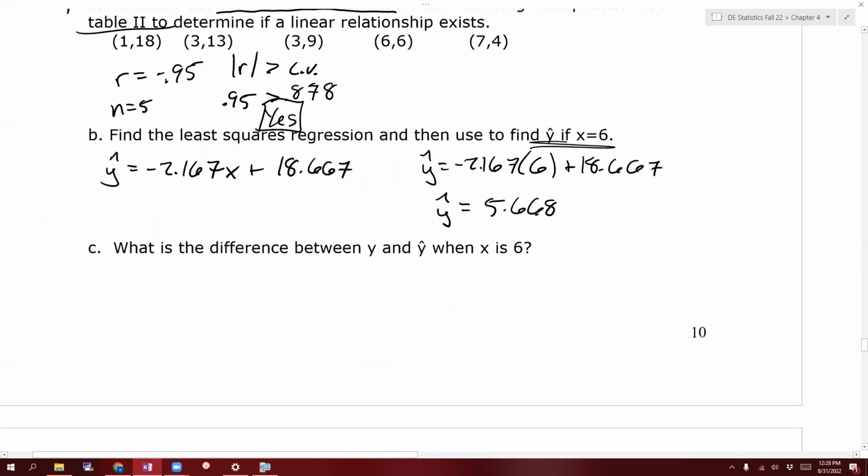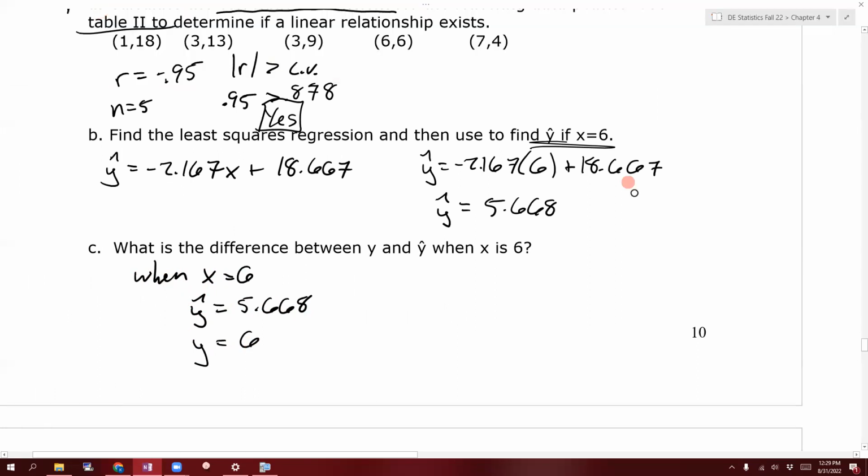And next, it asks me to find the difference between what actually happened when I put in 6 and what my prediction was when I put in 6. So when x equals 6, y hat is 5.668. That's the calculation I just did. Now, when x is 6, y equals 6.